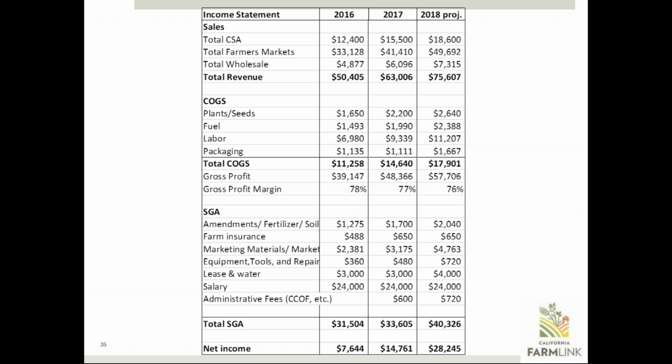In this case, the income statement is set up to show revenue by sources, but depending on what you're going to use it for, what type of information you like to get out of it, you can also look at it by products, and that's particularly useful for projections.